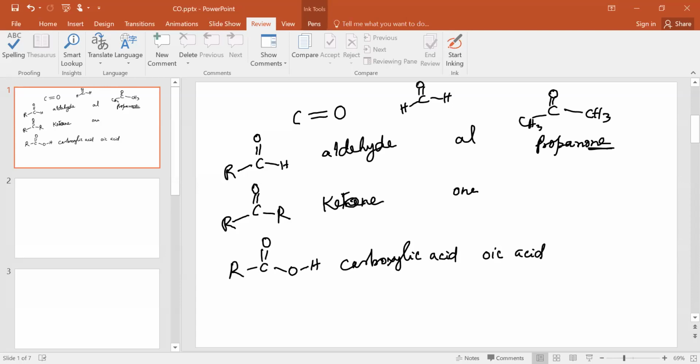It will have a carbonyl and OH. Another one: when this OH is removed and replaced by halogens, mostly chlorine, and in some cases fluorine and bromine, which are not very common, it is called an acid halide.